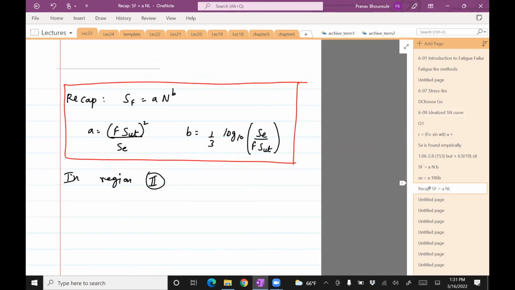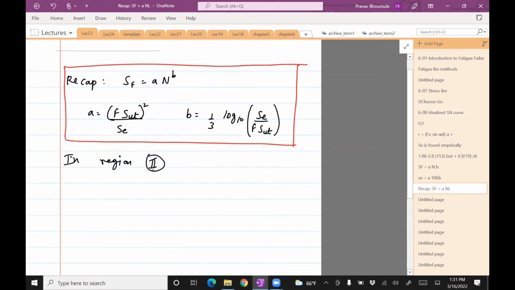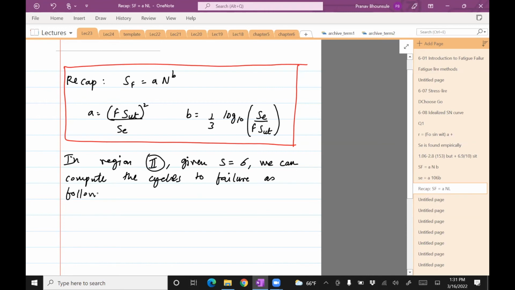In fact, in region 2 given S equals sigma, so let's say that we know the stress, we can compute the cycles to failure as follows.